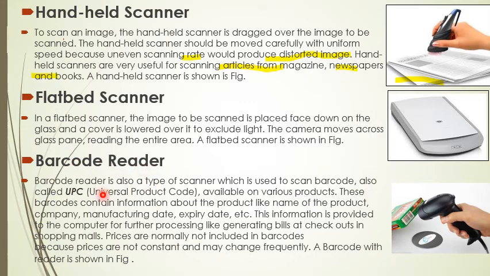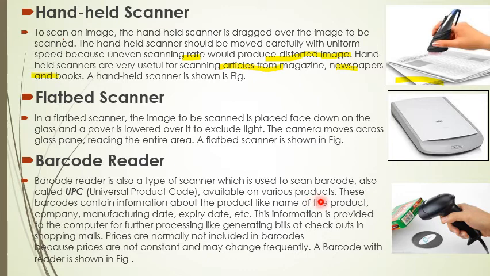Barcode readers are also a type of scanner used to scan a barcode, also called a UPC, universal product code. Product code is mentioned over there, available on various products, on books. This code is a barcode.